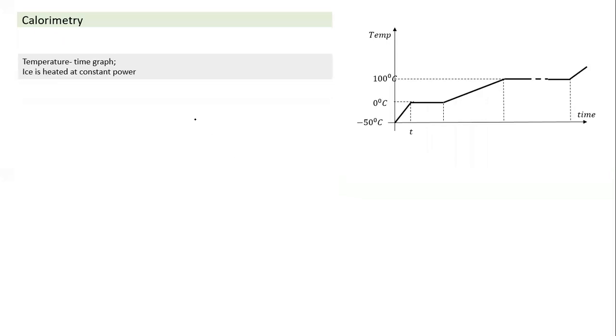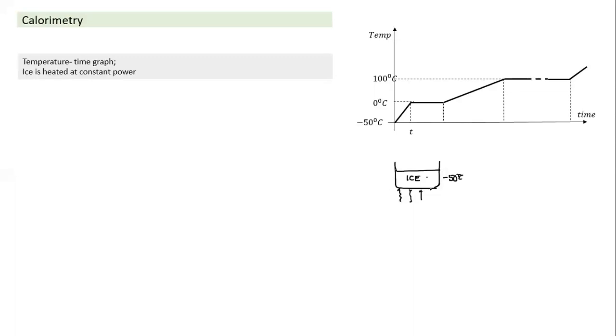To understand, let's see a temperature-time graph. What does this graph indicate? Suppose we have a heater, and we start with a vessel, a thermally isolated case. We take some certain amount of ice, which is initially at minus 50 degrees centigrade, super cooled ice, and we start supplying heat at a constant rate.